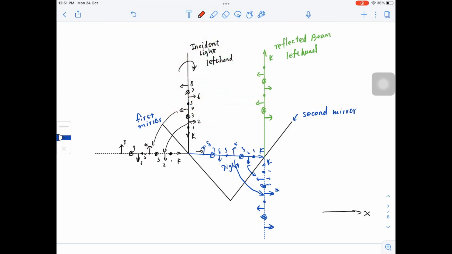The light coming in and reflect out has the same handedness. Okay? Left, left. That means at least along the z-axis, the polarization is correct. This is z-axis.